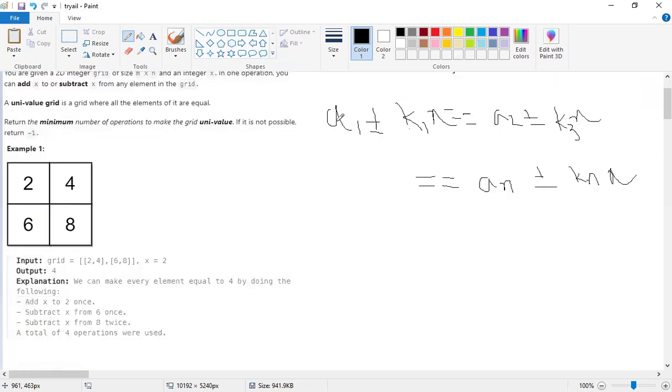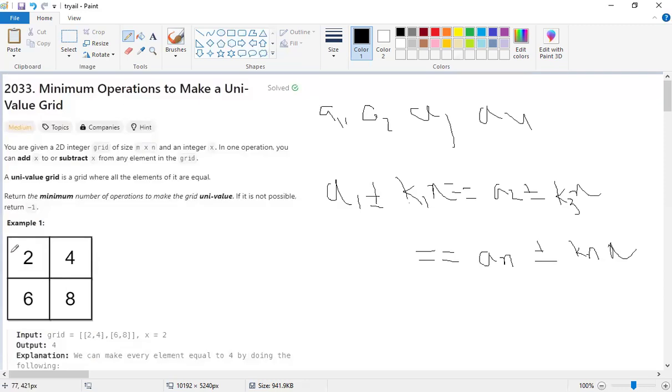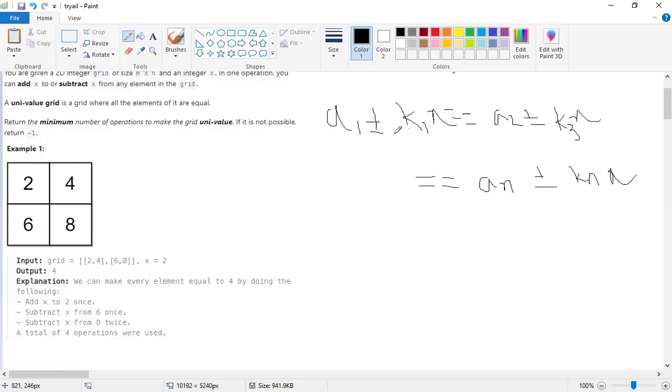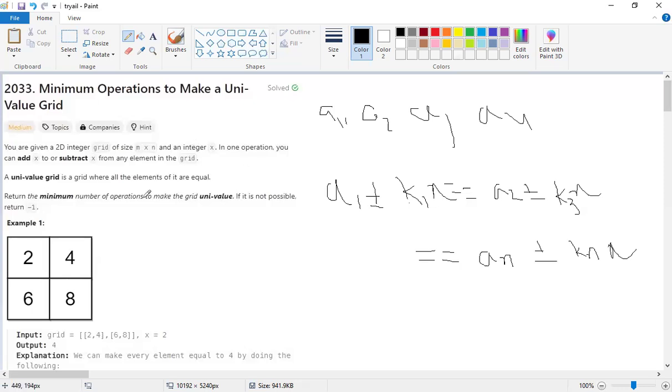Hopefully that is clear. We were given some A1, A2, An values, and essentially we want to do A1 plus minus K1x, A2 plus minus K2x, and so on, and we want to make these equal. So firstly, this problem leads us to determining whether it is actually possible or not to make all the values equal.